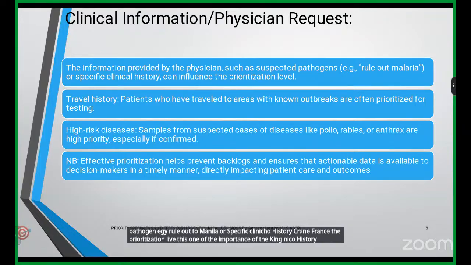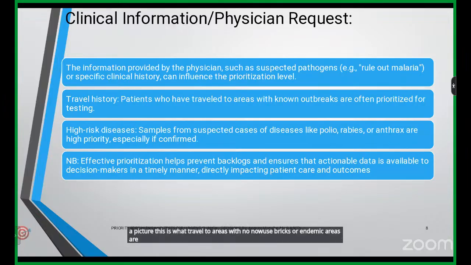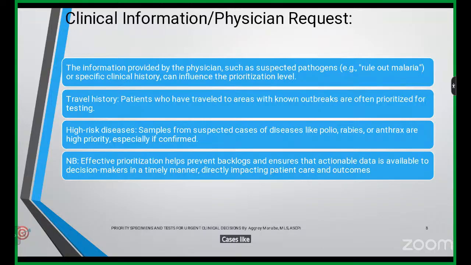The travel history is also key, which can also be indicated in the clinical picture. Patients who have traveled to areas with known outbreaks or endemic areas are often prioritized for testing. There are these high-risk diseases, especially samples from suspected cases like polio.